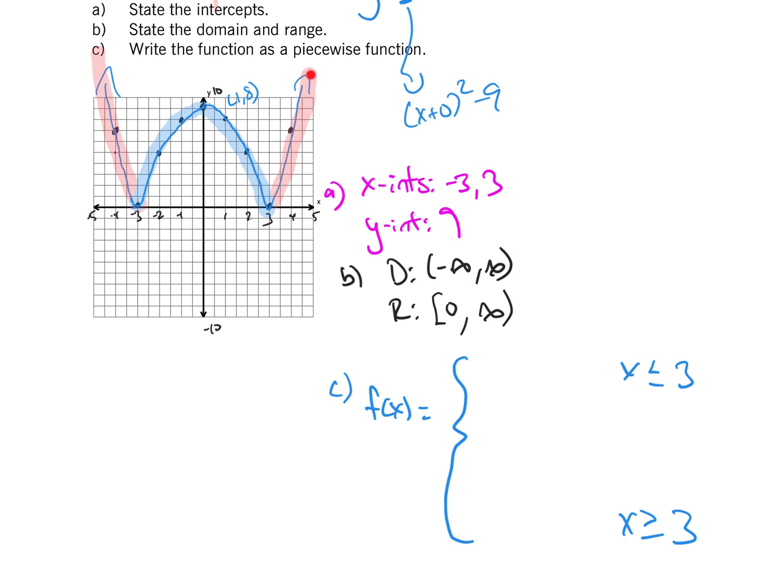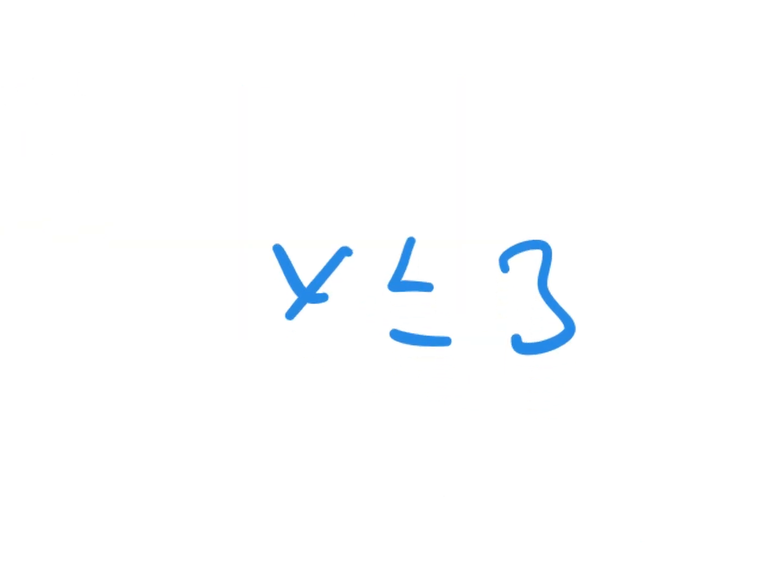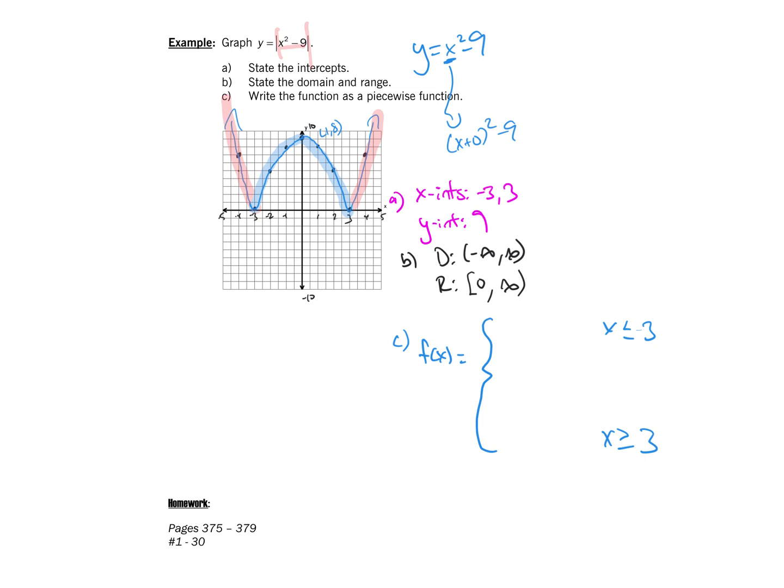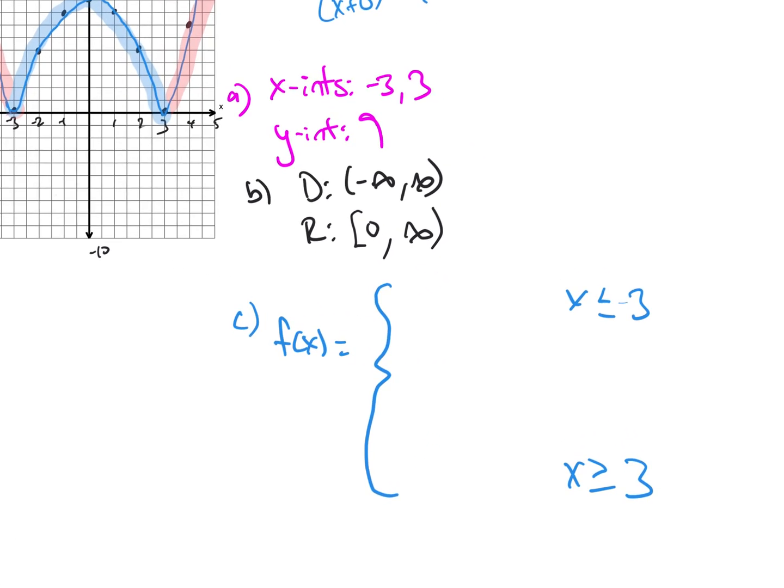And that's this part right here that's also red. These are the normal parts. The not so normal part is between 3 and negative 3, which reminds me I made a boo-boo here. That should be negative 3, my apologies. So we've got x is less than negative 3, x is greater than positive 3, and we also have x is between negative 3 and 3.